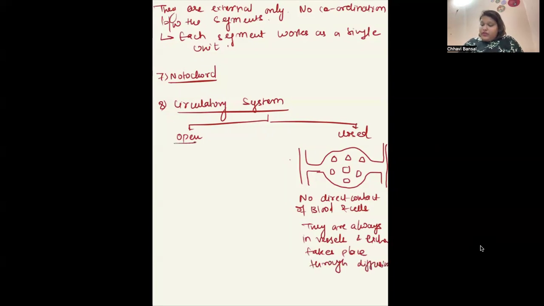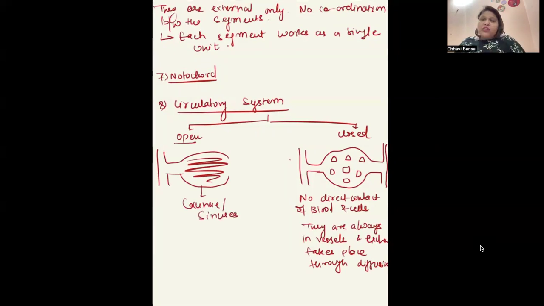Whereas in open circulatory system, there will be a big blood vessel that will bring the blood, but then the blood will flow into certain cavities called lacunae or sinuses. These are the cavities where the blood will come in open and the cells will directly take a bath in the blood.